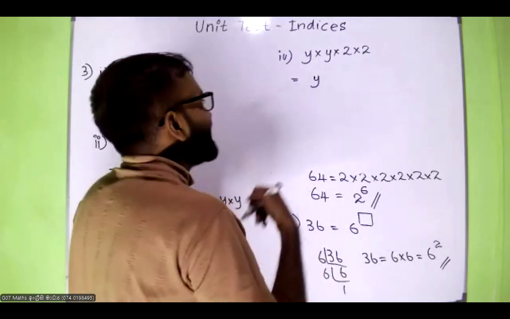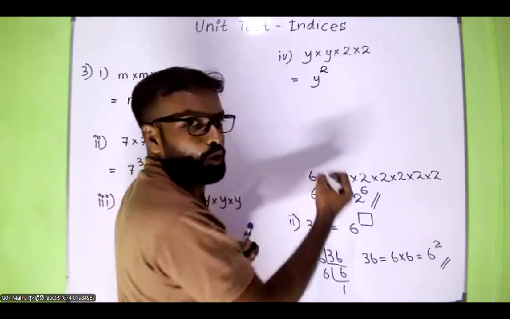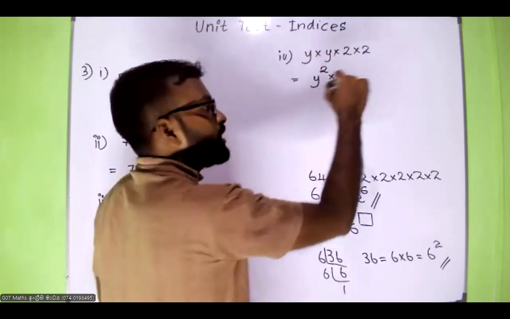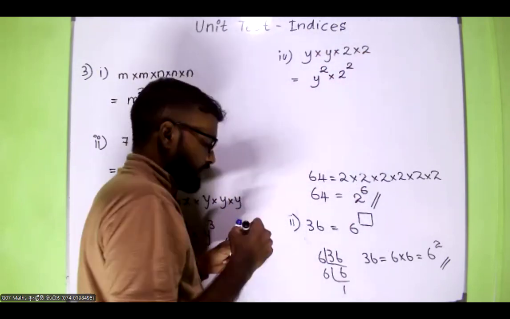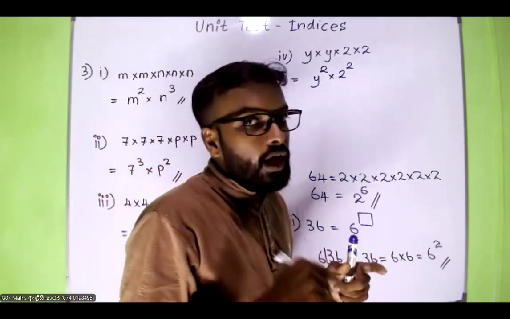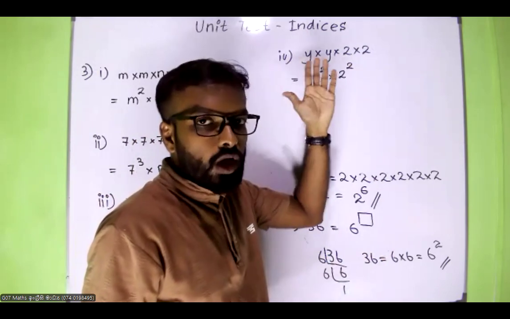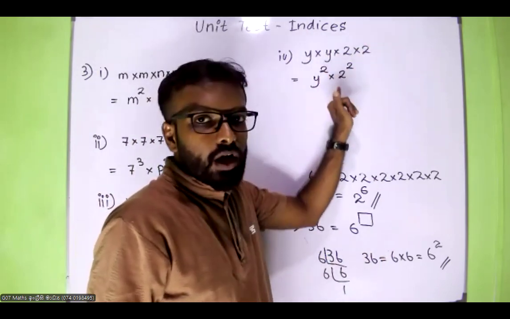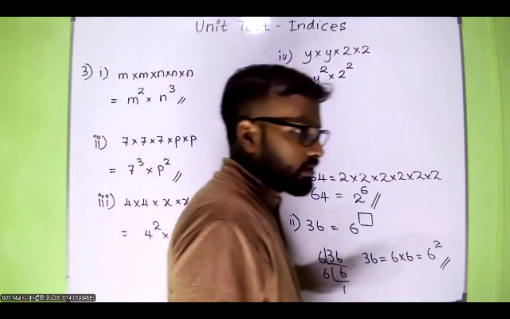You got it. Y to the power 2 multiplied by 2 to the power 2. That is how we are going to tell. Or you can say y square, 2 square. Okay, so that is done.